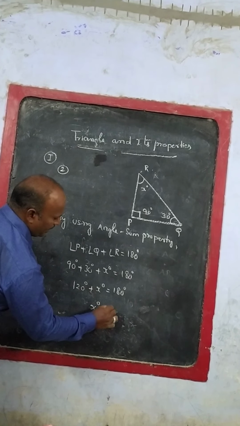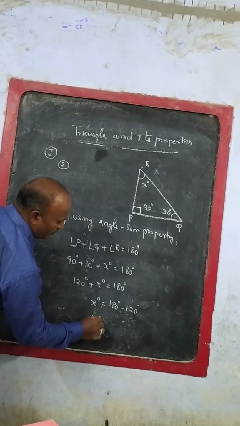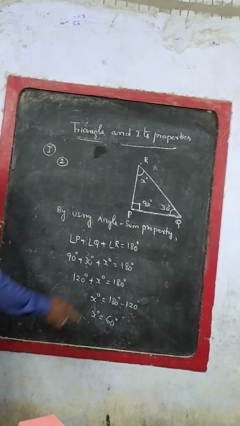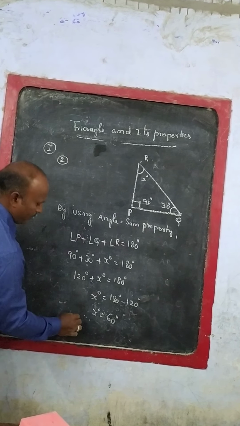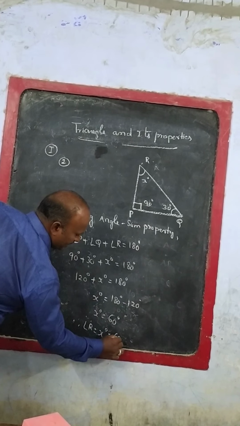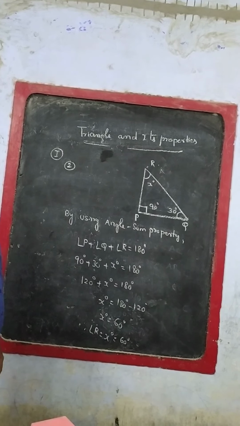So x degrees is equal to 180 minus 120, which is 60 degrees. Here x degrees means angle R. Therefore angle R is equal to x degrees, which is 60 degrees.